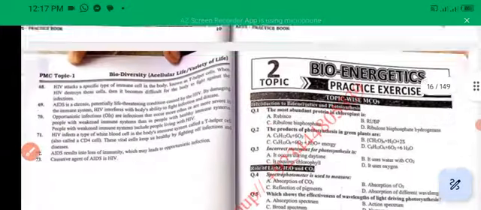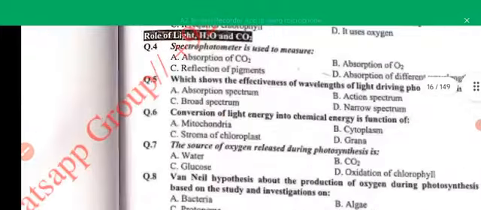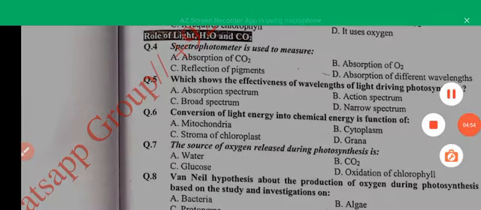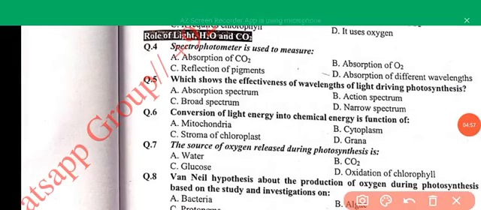Then we came to another MCQ, which shows the effectiveness of the wavelength of light driving photosynthesis. The action spectrum gives the relative strength or effectiveness, and absorption gives us knowledge about how different wavelengths are absorbed by different photosynthetic pigments.